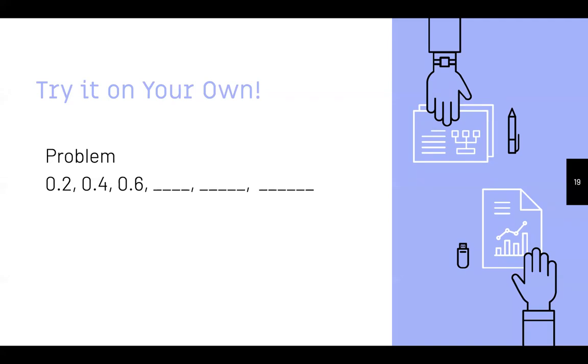subtract the second term from the first term, or the third term from the second term. This is either addition or subtraction, and see the difference, and then that will get you the difference, and just add it. And if you need to write it down, we have 0.6 minus 0.4 equals what?